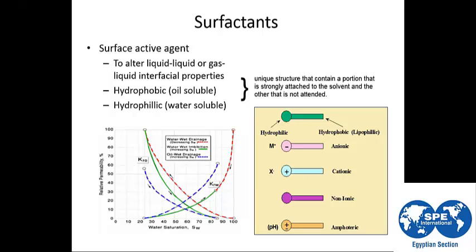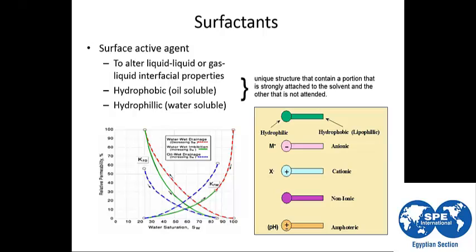Once we reduce this interfacial tension, this means it is easier to move the fracture fluid pumped into the formation. This will result in easier recovery of the fracture fluid that you pumped in the formation.